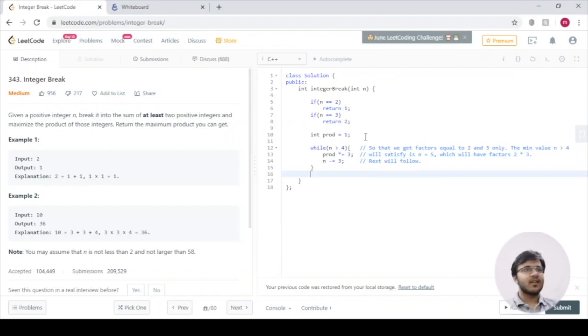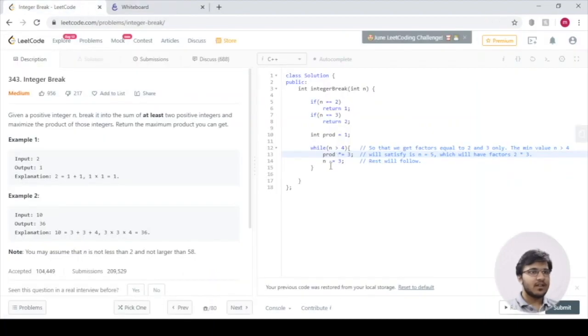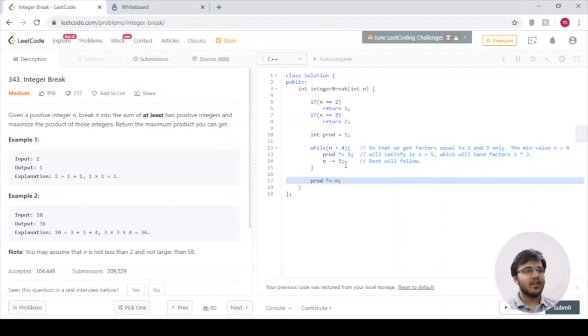So when n is greater than 4, we multiply the product by 3 and extract 3 from the number n. That is, we multiply the product by 3, that is x here, and then we do n minus x here, and this n minus equal to 3 will extract 3 from n. And then finally, we multiply the remaining number by product. That is, if n is equal to 4, we know that the last answer would be 2 into 2.